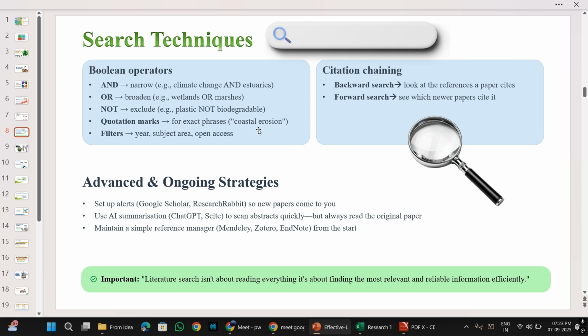They might be 2 decades or 3 decades old, depending upon what kind of research problem it is, right? Besides that, for example, one of my good friends is also researching on microplastics present in tropical rivers. So this is significantly a new topic.